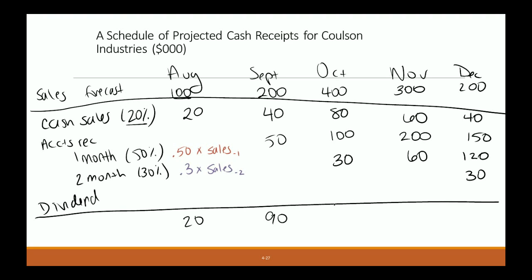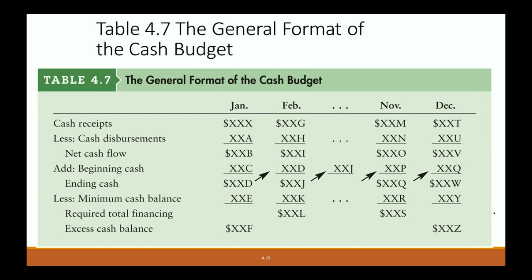September, October, 80 plus 100 plus 30, 210. November, 60, 260 is 320. In December, we have 40, 150, 120, and our dividend of 30, so 340. And so all of this work was put in just to get the first line of the cash budget, the cash receipts.